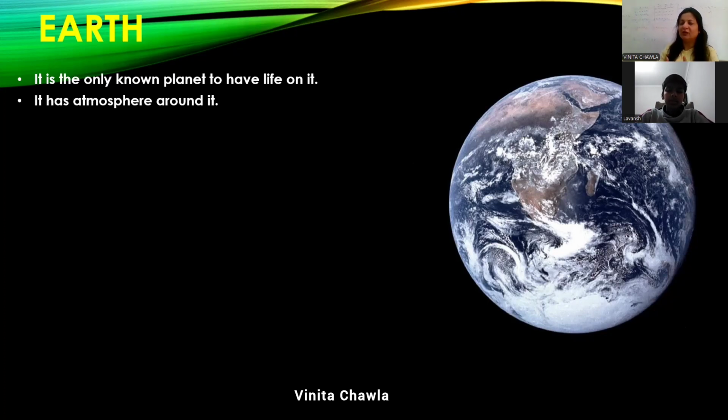Due to its gravity, there is air around us. And what are the different layers of the atmosphere? It is at the correct distance from the sun, not too hot, not very cold. So atmosphere around it is one reason.